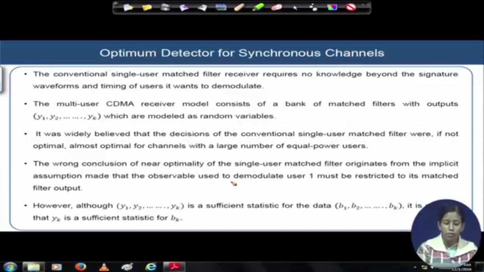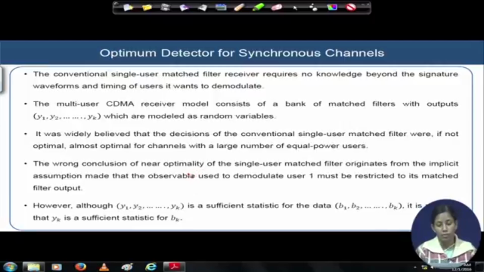Though he was receiving y1 to yk, for the detection of a specific user only the corresponding matched filter output was used. There was a concept of utilizing all the vectors available, but this optimality was assumed, and in practice it does not hold good.